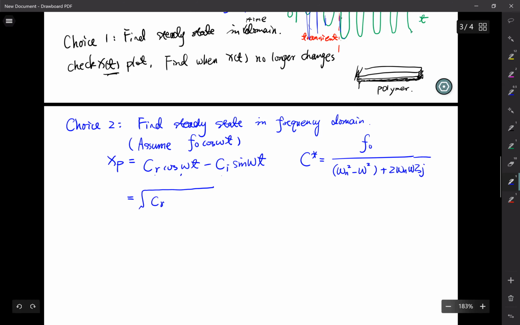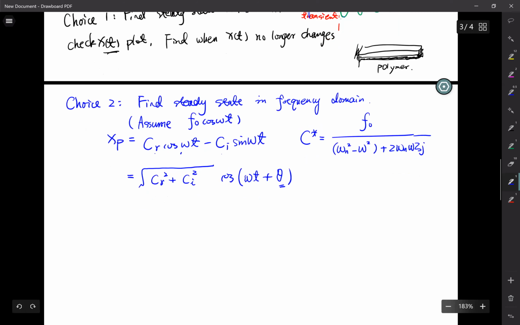The coefficient becomes the square root of the sum of the squares of the two coefficients, and then cosine of omega t plus theta, where you can define a theta angle. That's how you create this. If you don't remember that, you can always draw the circle.